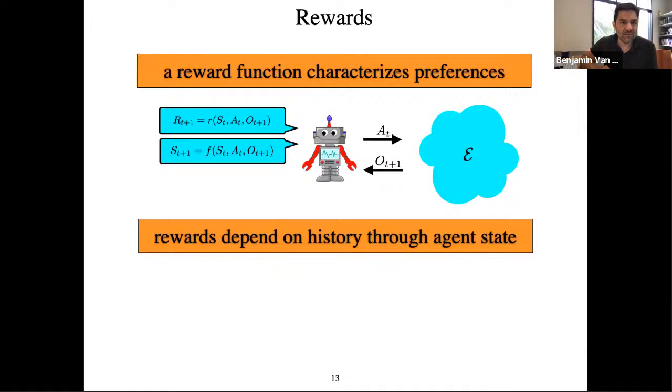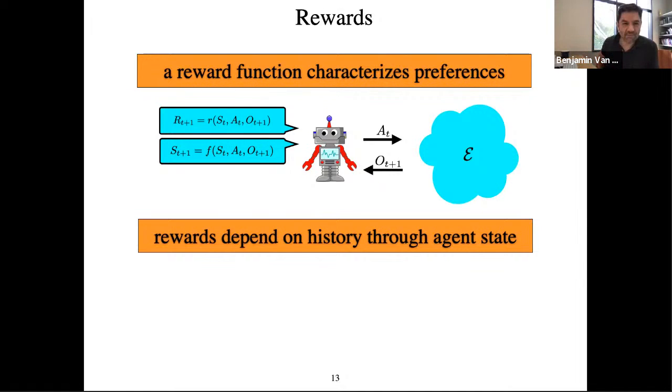All right, let's talk about rewards. So I'm going to think of rewards in terms of a reward function that characterizes the designer's preferences, the agent designer's preferences. All right, so the idea is at each time t+1, the agent can assess how much it likes what it sees.